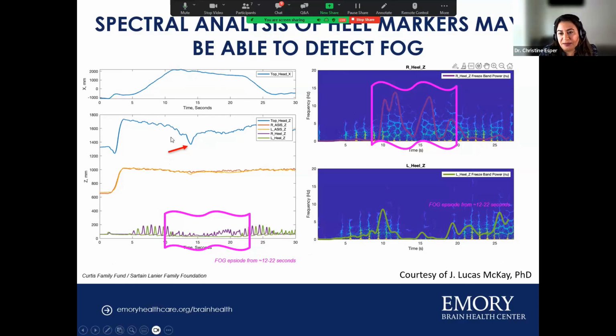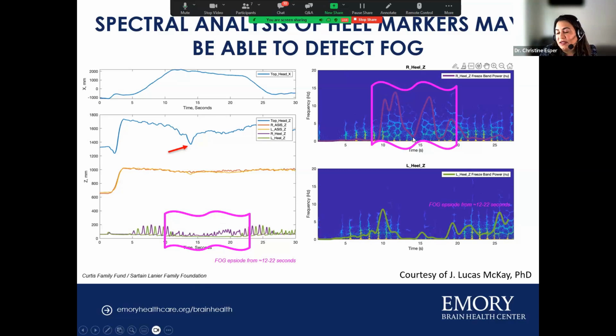So if you follow this pattern where the red arrow is, the patient's walking and is actually looking down at that moment. And then if you look here, what I've outlined, these are the heel markers. Purple is a right heel and the green is a left heel. There's a freezing episode, lasts about 10 seconds, correlates with the head looking down.